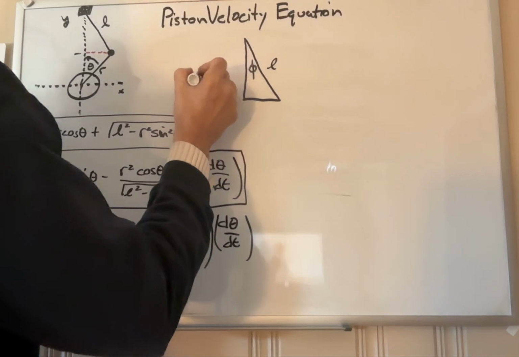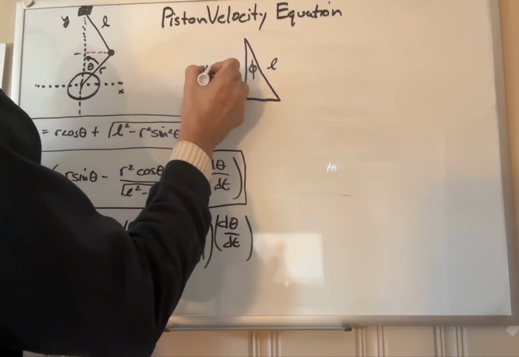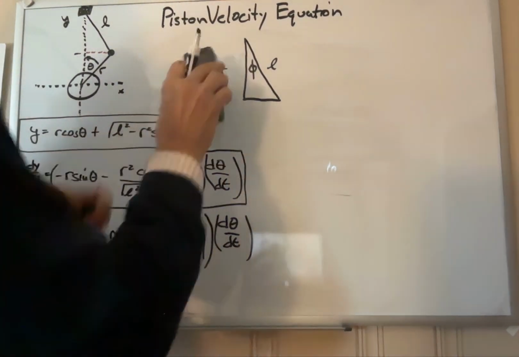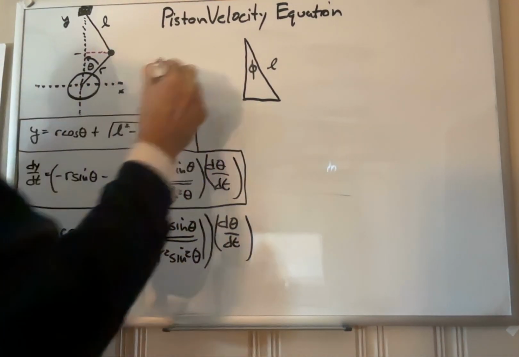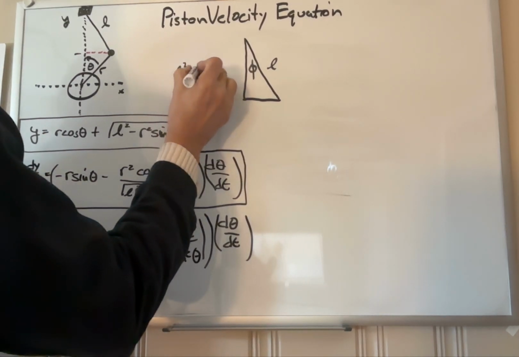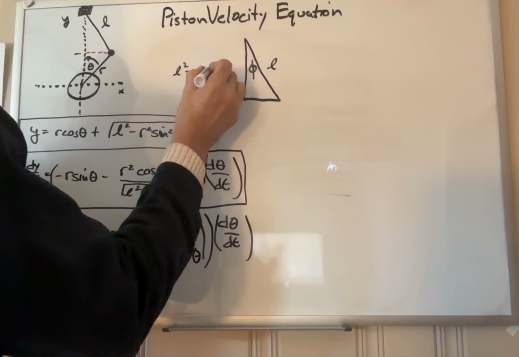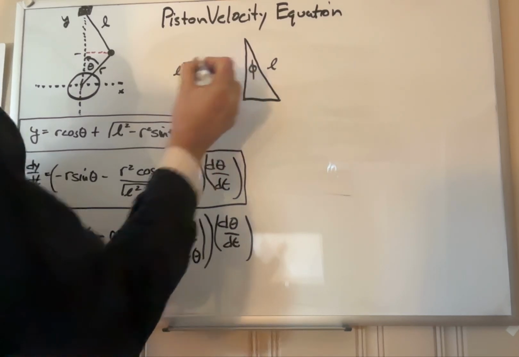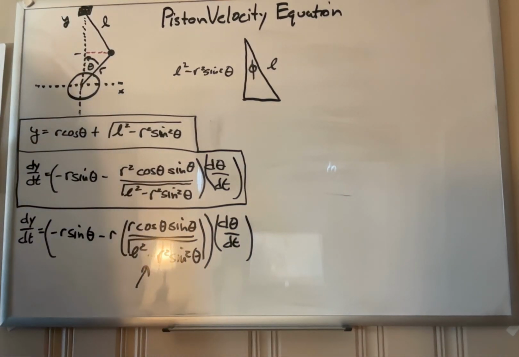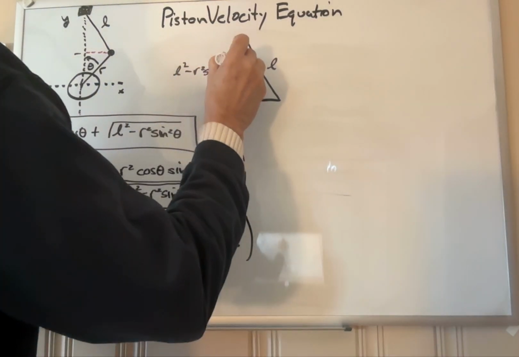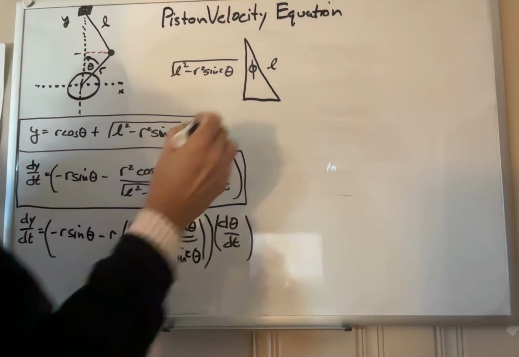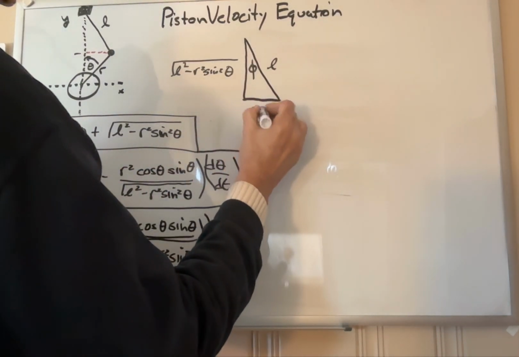We know this side is the square root of L squared minus R squared sine squared theta, and we know that this is R sine theta.